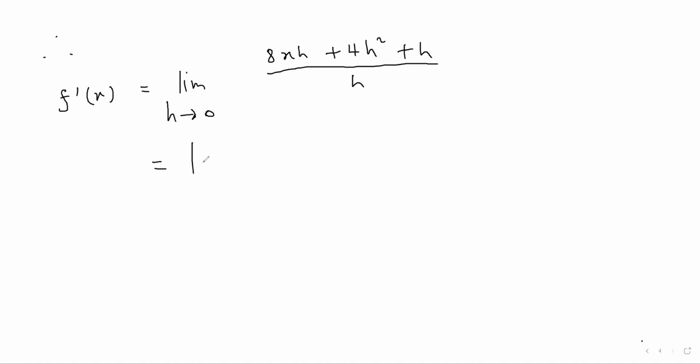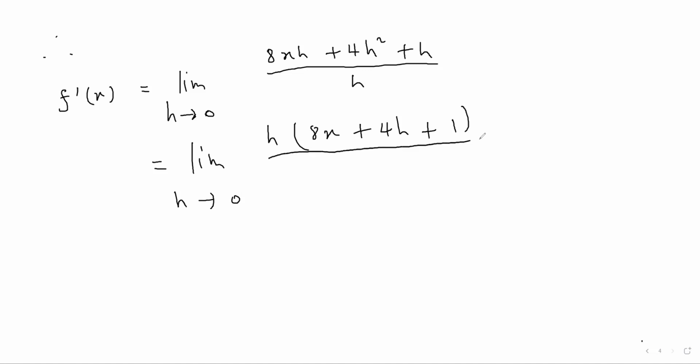So our next step is the following. h approaches 0. At the top, we factor out the h, and inside the bracket here, we've got 8x plus 4h plus 1, because we factor out the h. That's what we have at the top, and we divide, of course, by h.